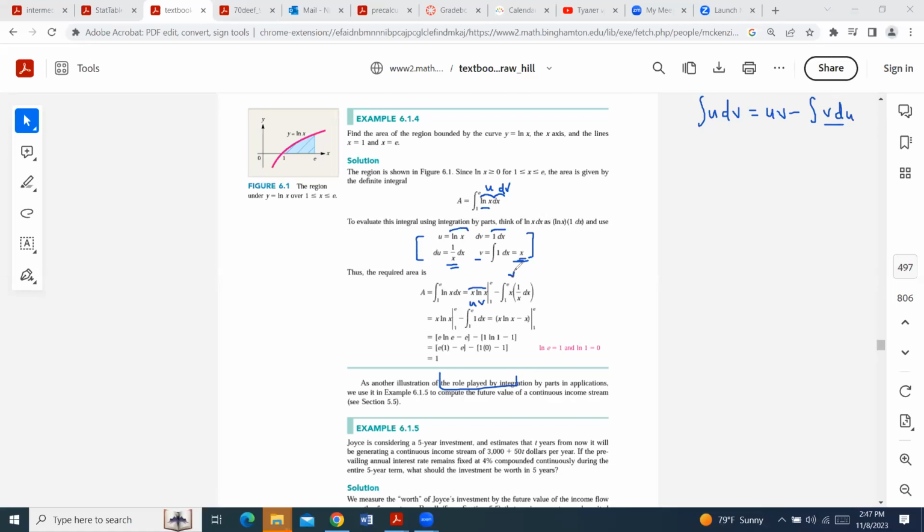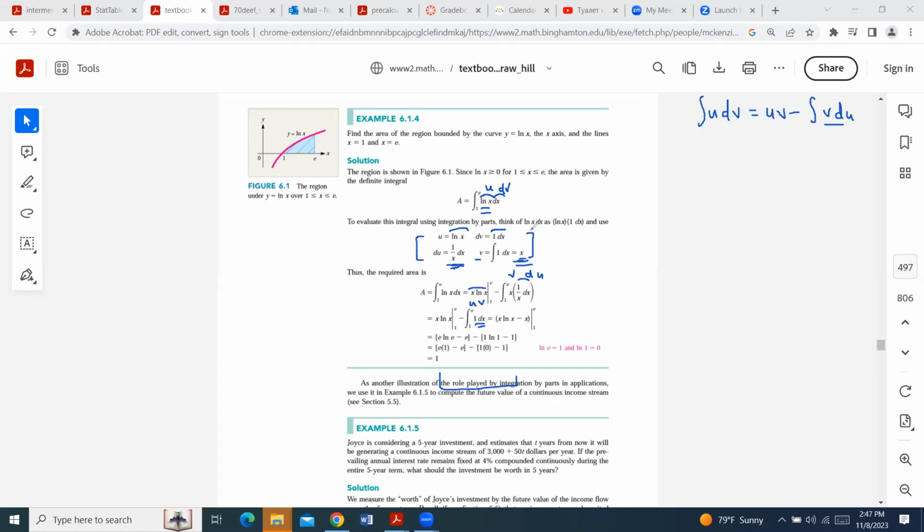So v, that's our x once again, and du, which is the derivative, 1 over x. And notice the whole point of this use of the formula is that your integral now is going to be of only dx, no ln in it. So you can definitely take that integral.